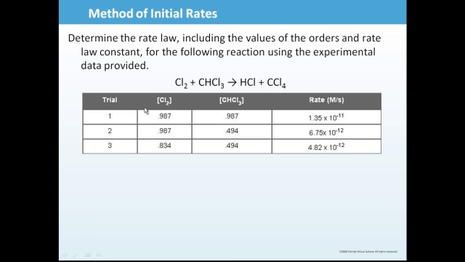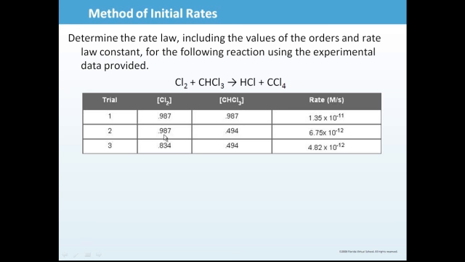Now again, we take different trials of data. In the first trial, we have 0.987 molar for the concentration of the Cl2, and we also have 0.987 for the CHCl3, and the initial rate of that reaction was 1.35 times 10 to the negative 11.